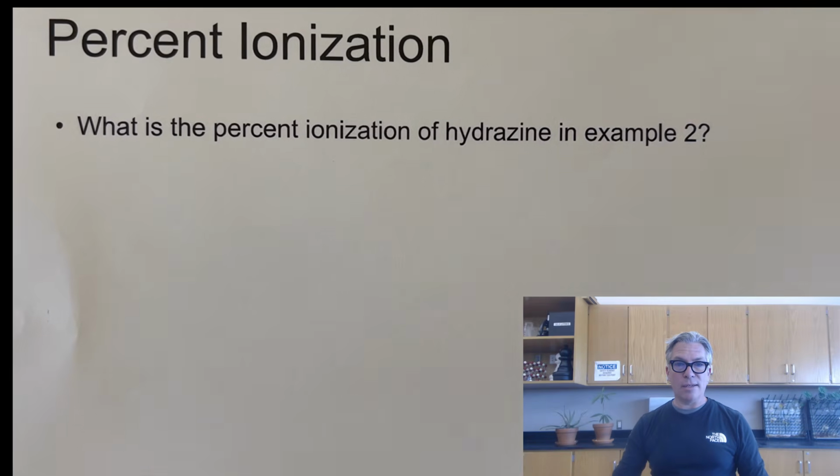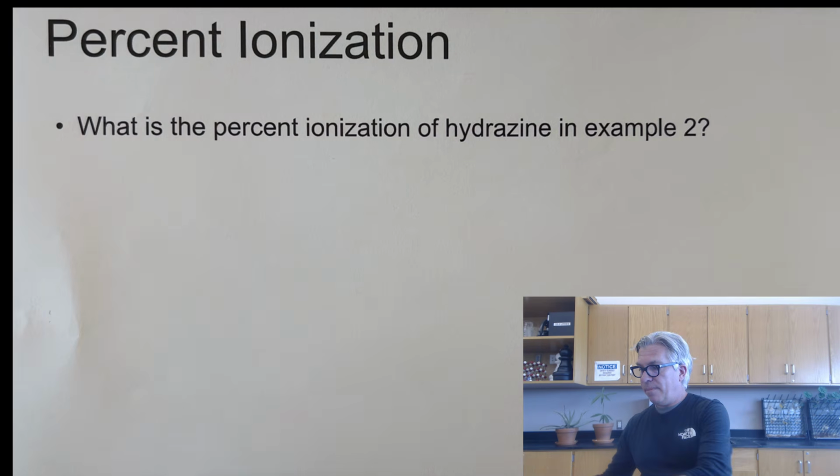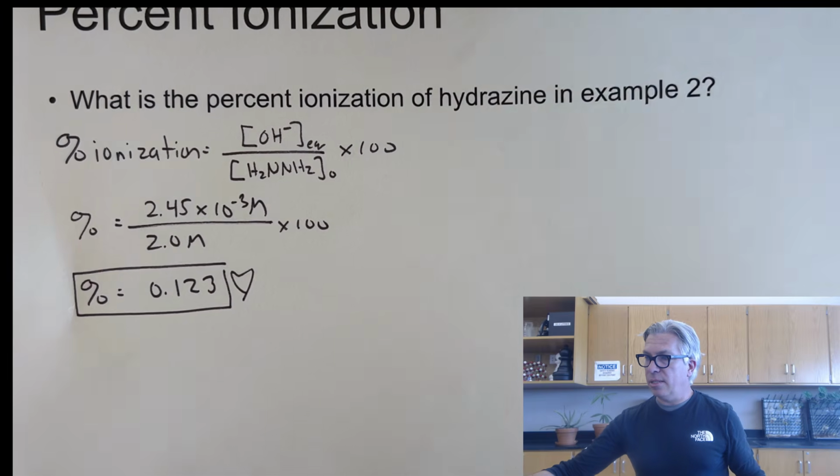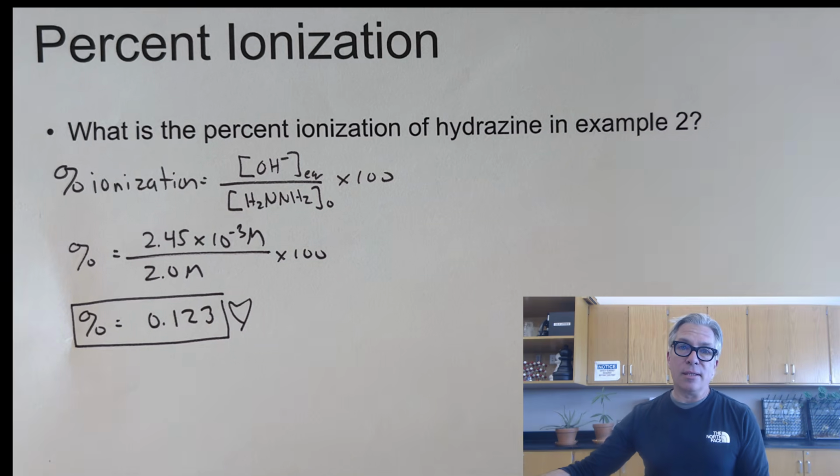And if you did the hydrazine example, feel free to pause the video and calculate the percent ionization of the hydrazine. And if you found that it's a lot less, 0.123% ionized, then congratulations, you did it right, and you're well on your way to mastering acids.